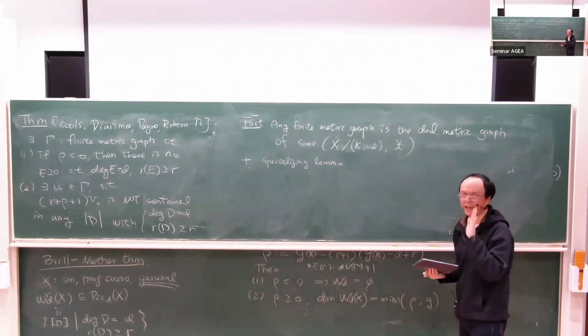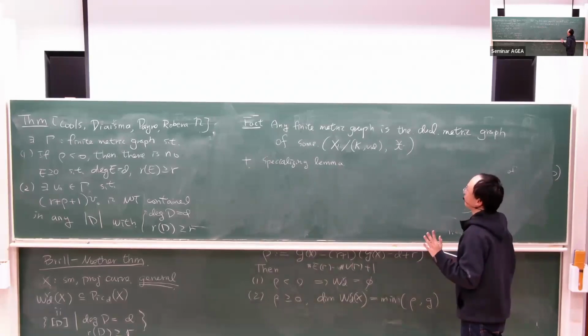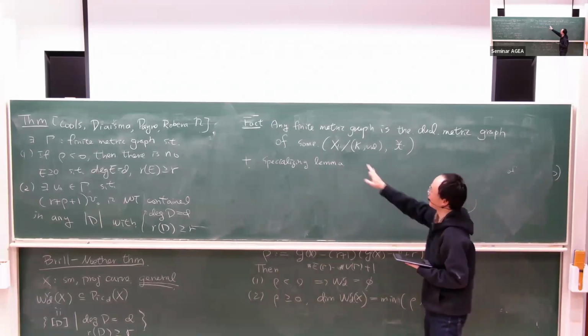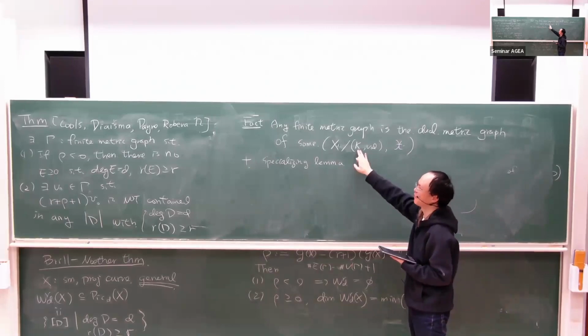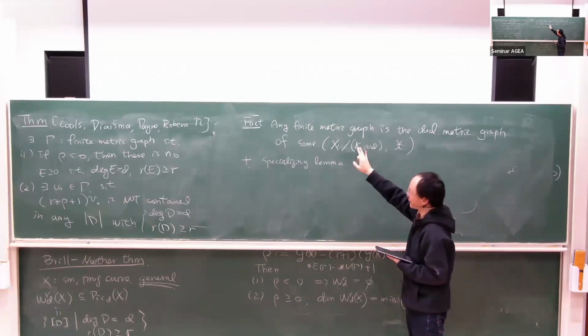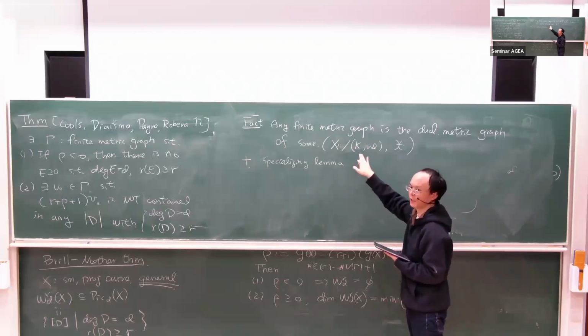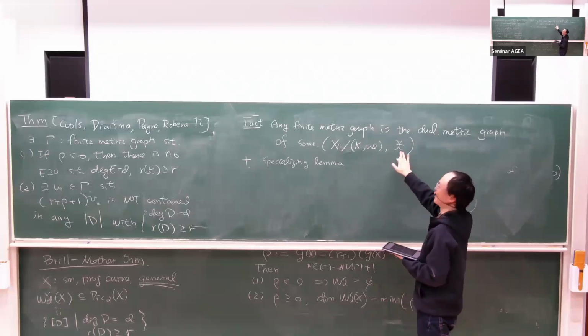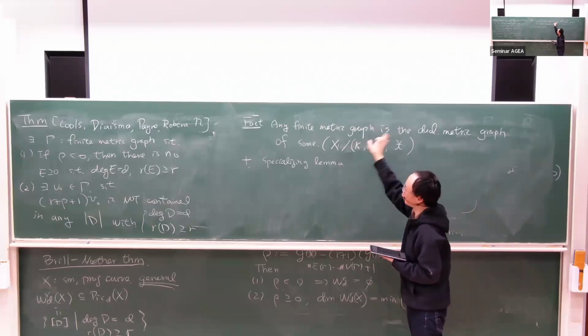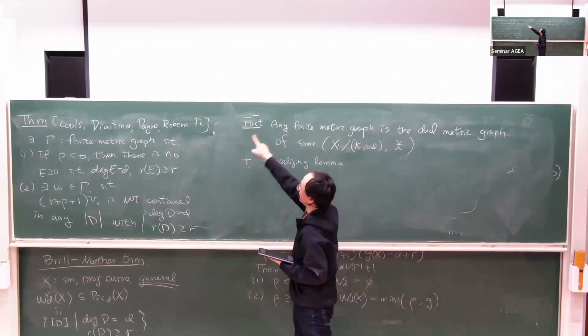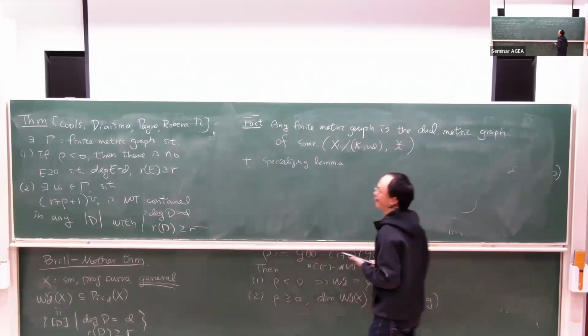Or for some k, only for some k. I think if the statement is for any k, then it's not true. I only assert that for some complete valued field k, and some smooth projective curve over k, and some semi-stable model of X, the dual metric graph is this given finite metric graph.